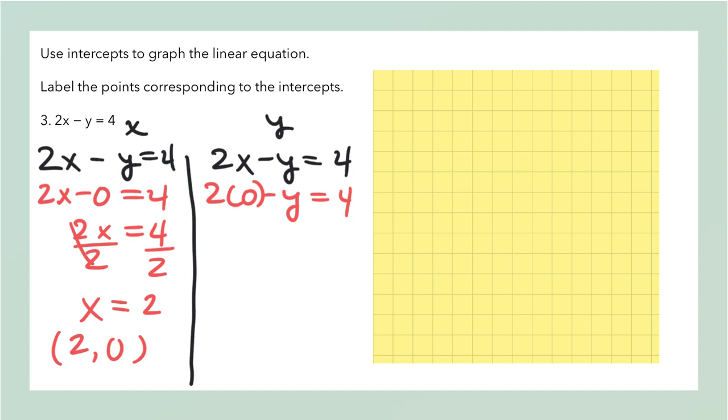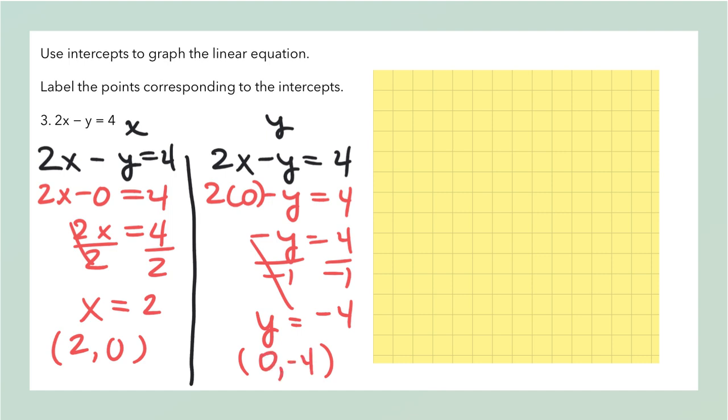So we're going to have negative y equals 4. Can we have a negative variable? No. So we divide by -1, and we're left with y equals -4. So my ordered pair is going to be 0, -4.